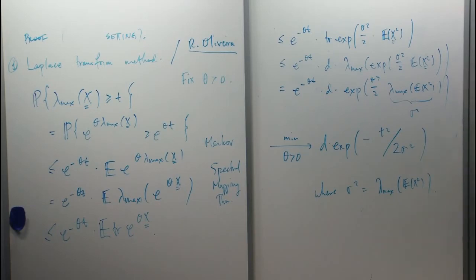So the content of this result is that if you want to plot the probability that lambda max of this Rademacher series exceeds t as a function of t, the bound is vacuous up until a certain point, and then it drops off exponentially.